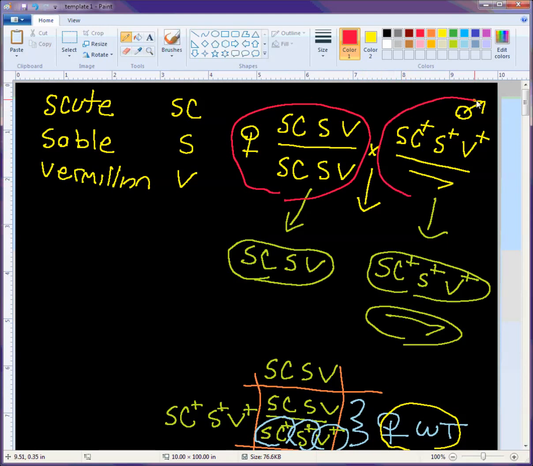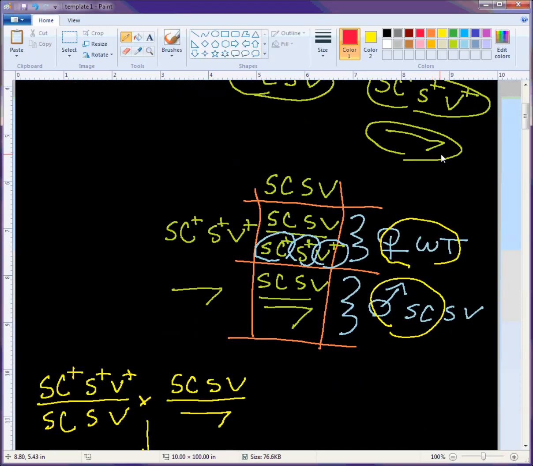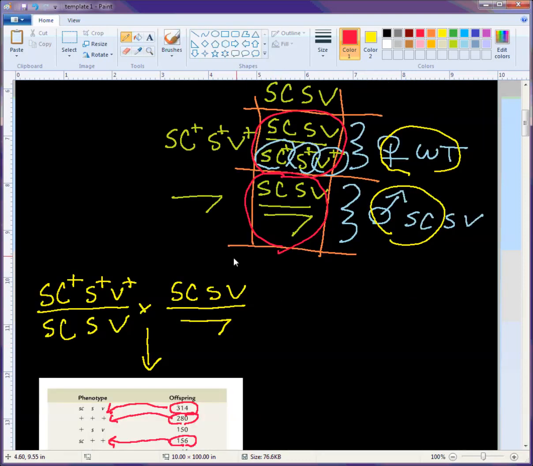Here's the genotype of the male. Okay, and then for the F1 parents, here's the genotype of the female. Here's the genotype of the male, and then I transfer those down here. So same thing, F1 parents, genotype of the female, genotype of the male. Okay, so part A is already done.